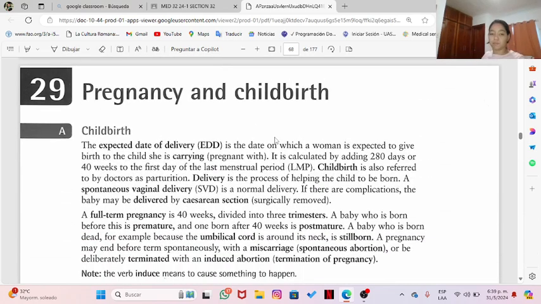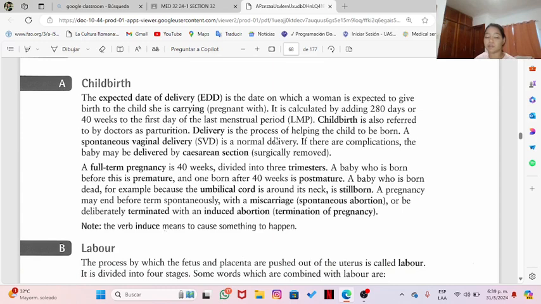Pregnancy and childbirth. Unit 29. Childbirth.